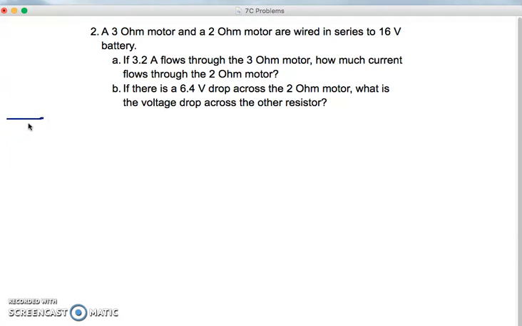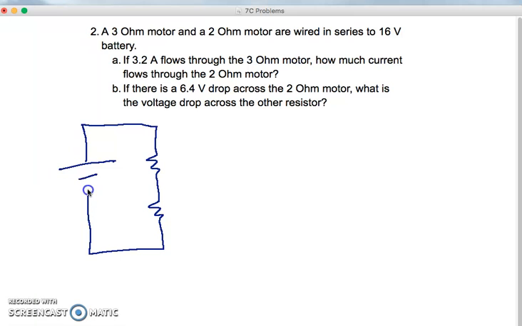So we have a 16-volt battery and 2 motors in series like this: 16 volts, a 3 ohm and a 2 ohm. Part A is asking, if we have 3.2 amps flowing through the 3 ohm motor, how much current is flowing through the 2 ohm motor?